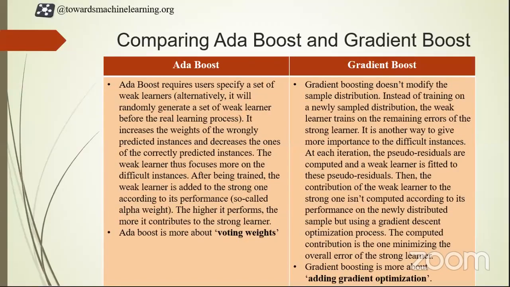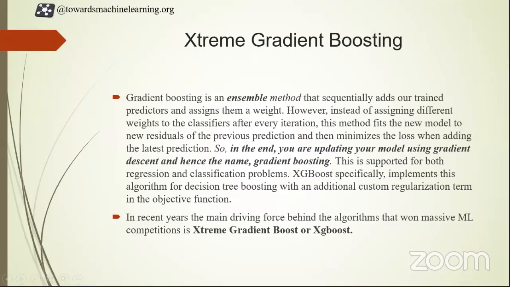So now let's move on towards our next boosting algorithm, that is XGBoost, also known as extreme gradient boosting. XGBoost was introduced because gradient boost computes the output at a very slow rate, as we have seen in the disadvantages of gradient boosting.